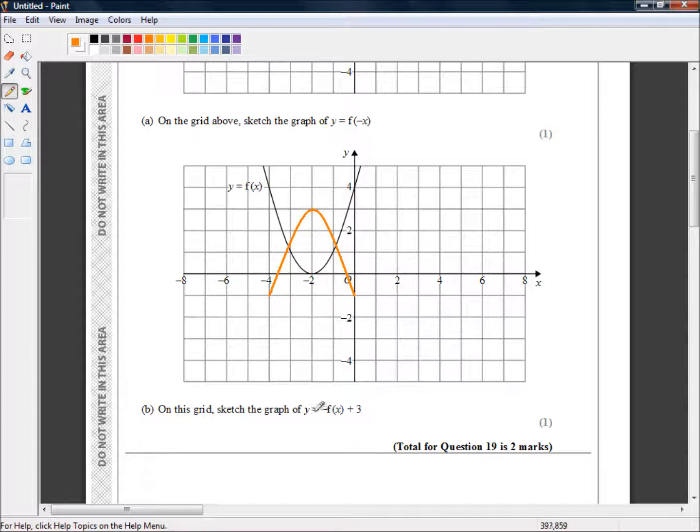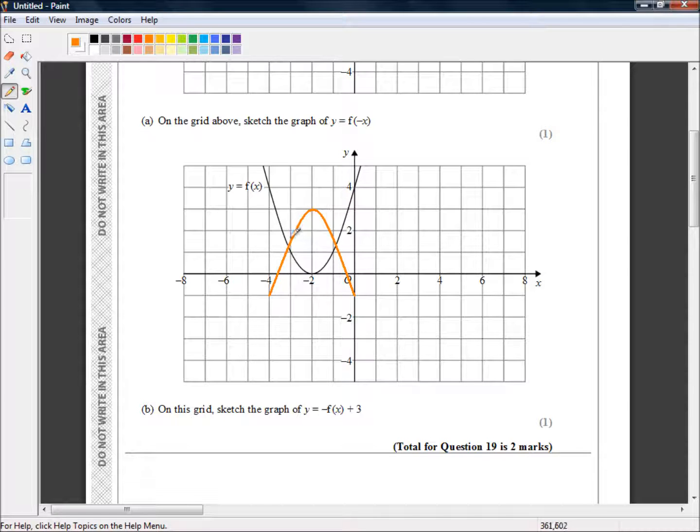So if this was y equals negative f of x, where this point here is at 4 units above the x-axis, it should be 4 units below the x-axis at y equals negative 4 at x equals negative 4. And here where we've got x equals 0, y equals 4, this should be 0, negative 4 down here.